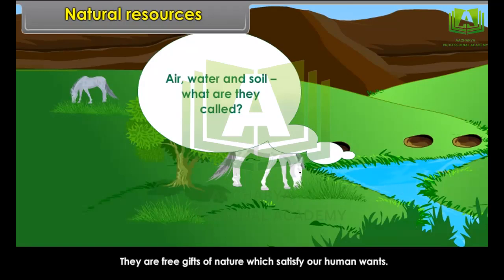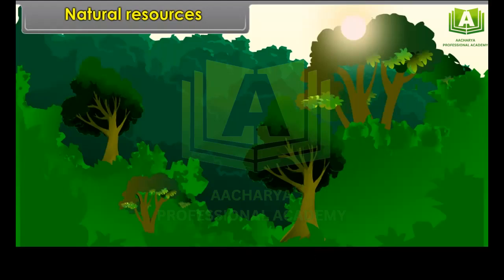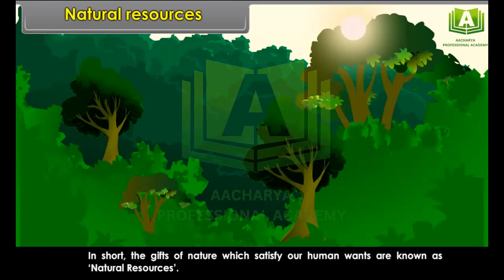They are free gifts of nature which satisfy our human wants. In the same way, sunshine, forests, minerals, etc. are also useful to human beings. In short, the gifts of nature which satisfy our human wants are known as natural resources.